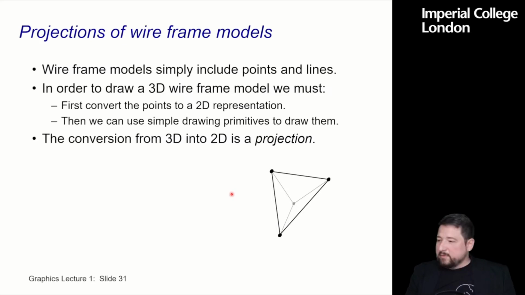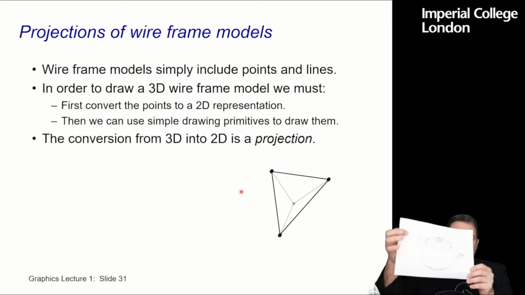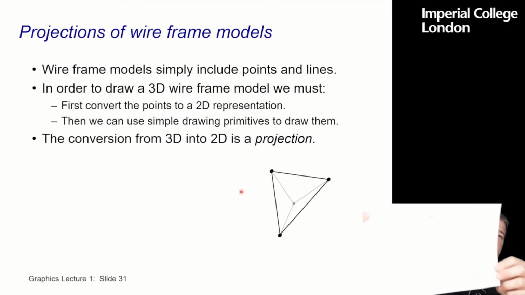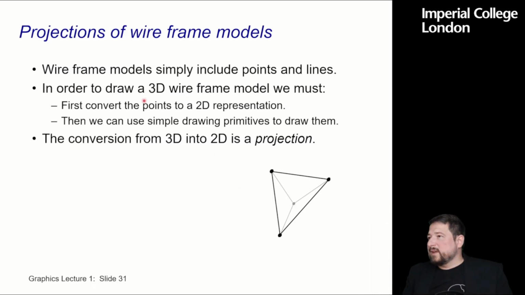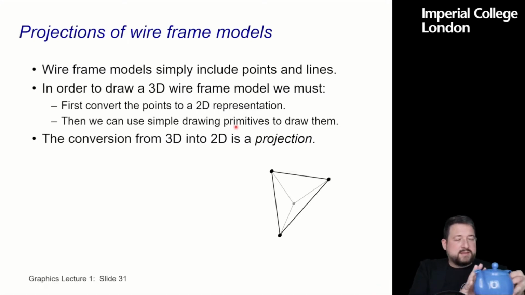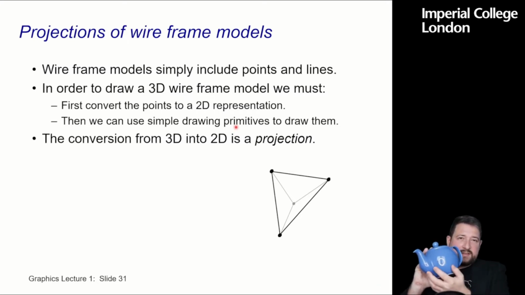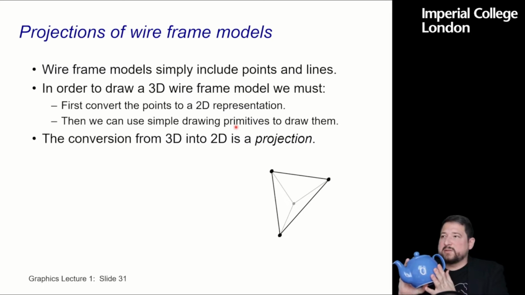So some of you might know wireframe models. Old movies use them a lot. I also have a wireframe model of our teapot here. I don't know if you can really see it. And in order to draw this, really all we need is to first convert all of the points of these triangles in here to a 2D representation.